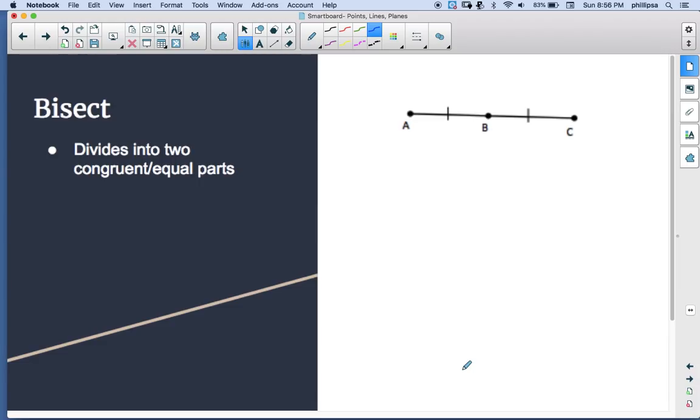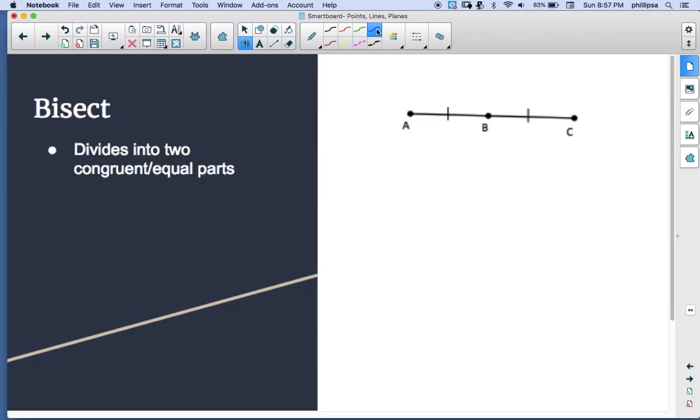So a good follow-up to talking about a midpoint would be talking about a bisector. A bisector does something similar, only there are more things possible to be a bisector. If something is bisected, it's divided into two congruent or two equal parts. So we would say that this segment is bisected by this point. Now we know that that point's called a midpoint, but it doesn't mean that a midpoint is the only thing that would bisect something.